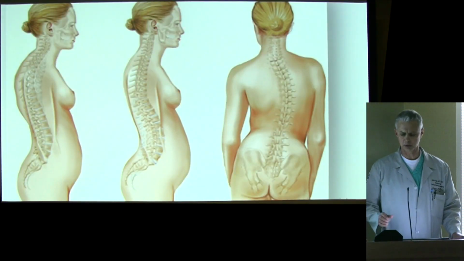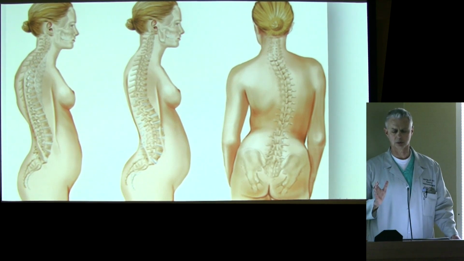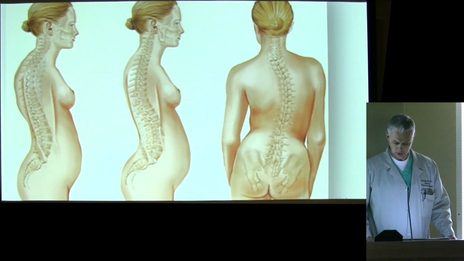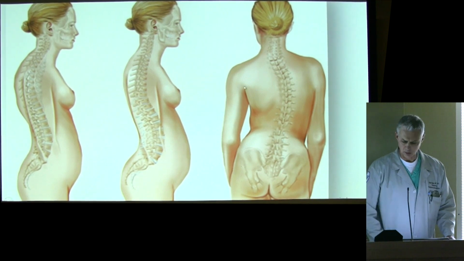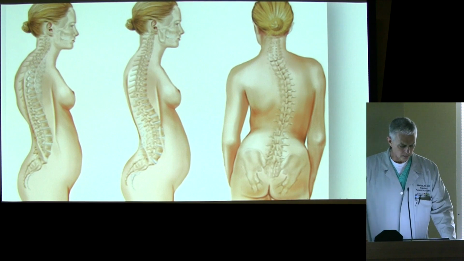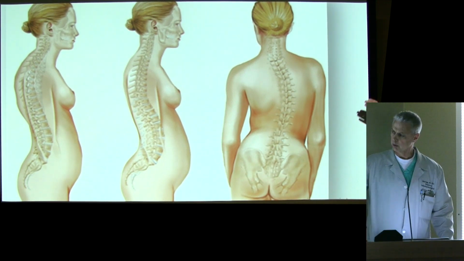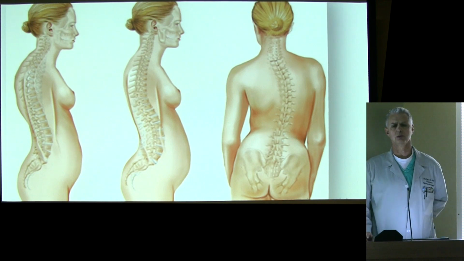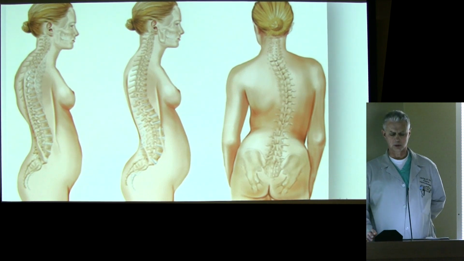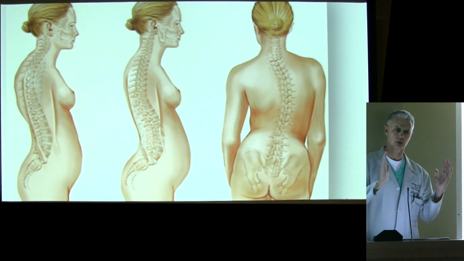And I want to first touch base a little bit about scoliosis. What we see on the far left is kyphosis, where the shoulders are bent forward. The middle picture is lordosis, which is arching of the back too much. And the right picture is scoliosis, which is a sideways curvature of the spine.